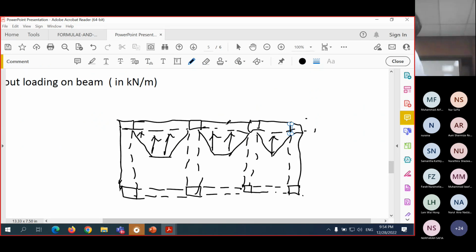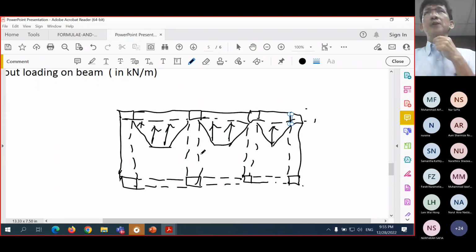So when H-beam, you have only loading coming from one side. Okay, this is a two-way slab. So the distributed loading is in this way. If it's a one-way slab, then it's directly, I think, easy to calculate.